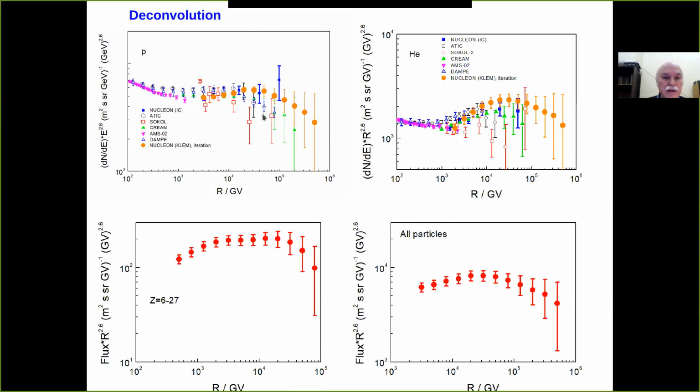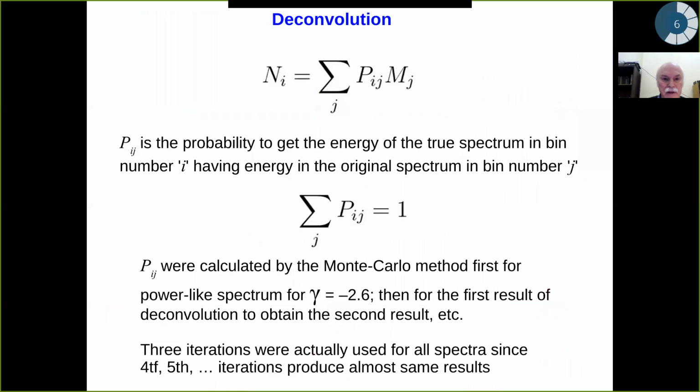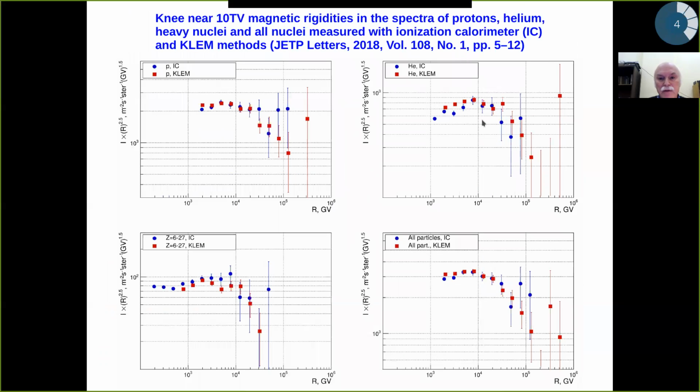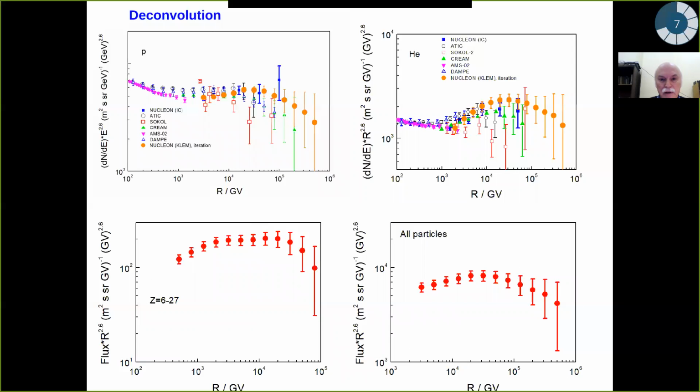But you can see that the position of the knee is a bit different than was obtained without deconvolution. Without deconvolution it was about 10 TeV, but in this spectra you see rather 20 to 30 TeV. Therefore, there was some systematic uncertainty in the determination of the position of this knee with the method of event-by-event reconstruction of the energy.